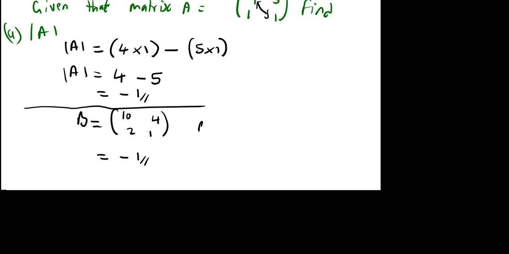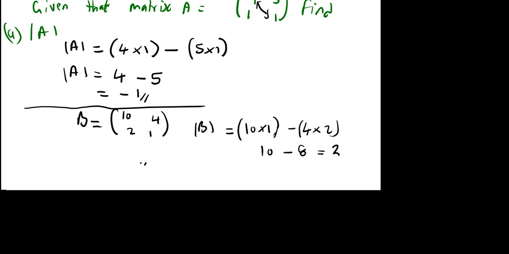The determinant of B is equal to 10 multiplied by 1 minus 4 multiplied by 2. So this is 10 times 1, that is 10, minus 4 times 2, that is 8. So our determinant is going to be equal to 2. Like that, it means that you have found the determinant of matrix B. So this is how you find the determinant.